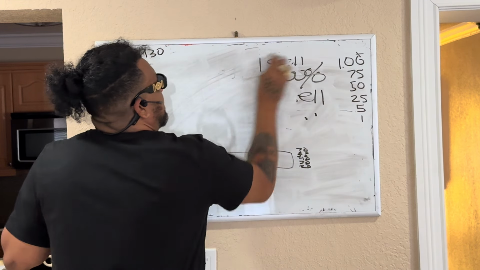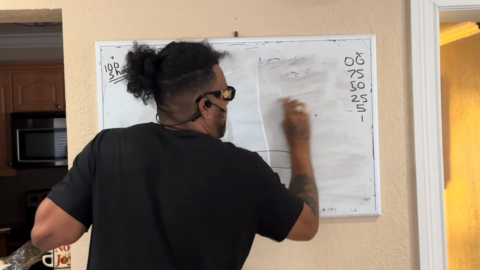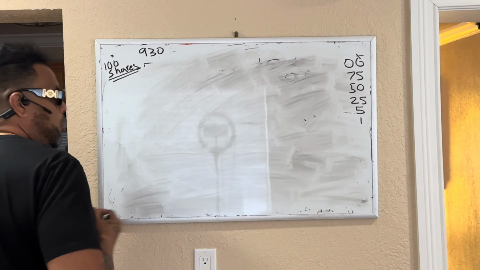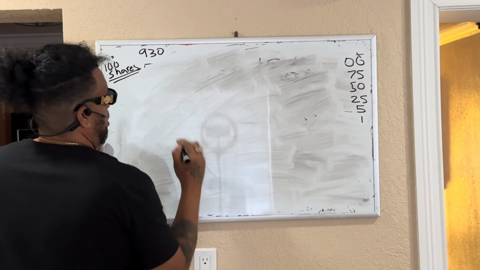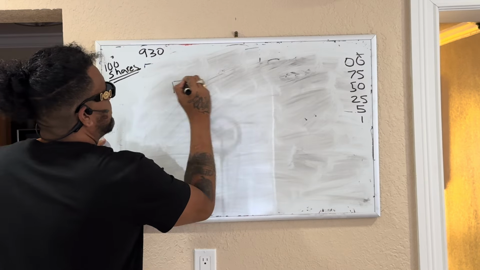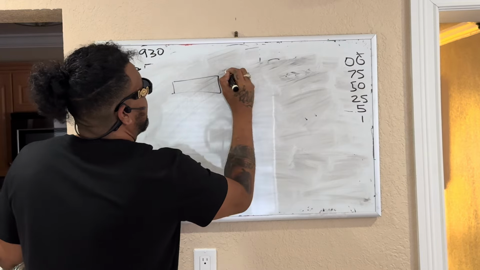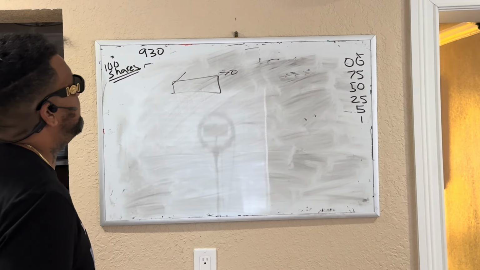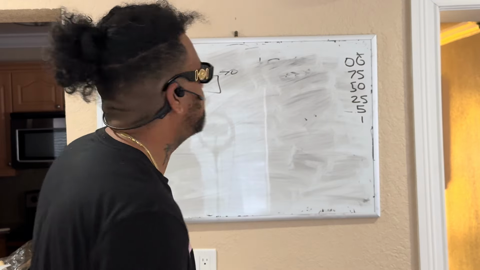Now, let's see how we protect our pocket. Oh, and when you see the RSI, this is the 70. When it goes over the 70, it's beginning to be overbought.